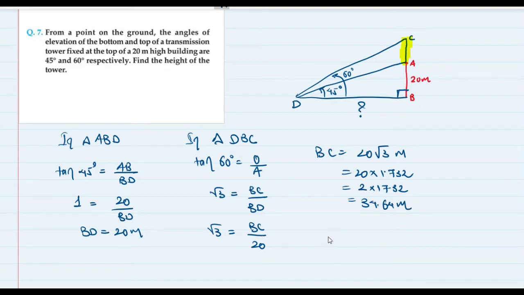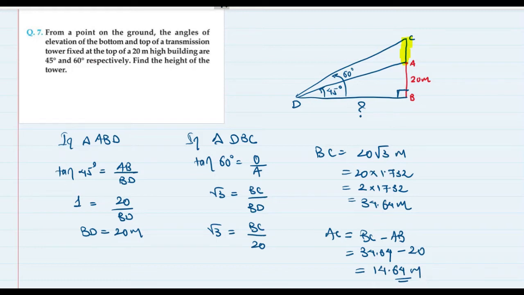Okay, so we got BC. Now we don't have to find BC, we have to find AC. And if you look at the figure closely, AC is equal to BC minus AB. What is BC? 34.64 minus what is AB? AB is 20. So 34.64 minus 20 is 14.64 meters, which is the height of the transmission tower placed above the building.